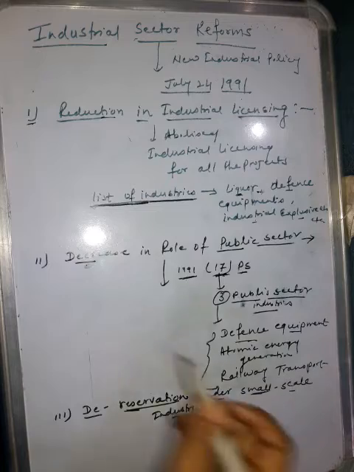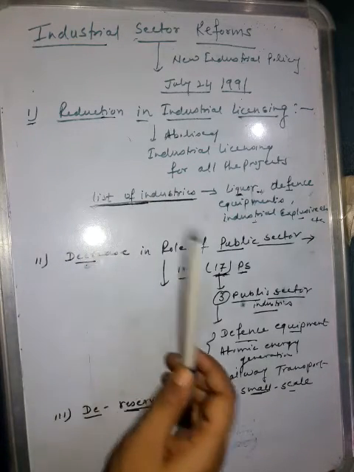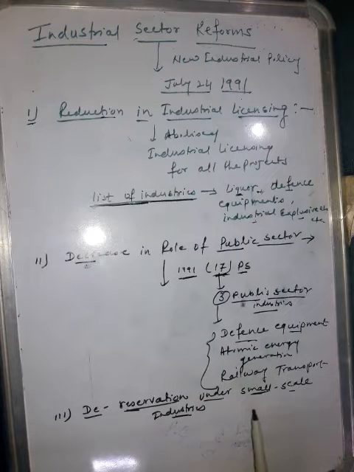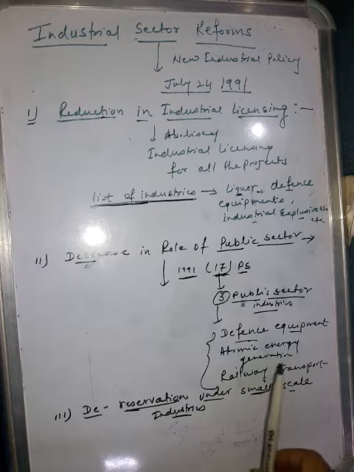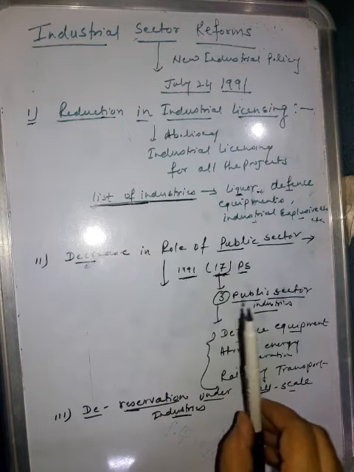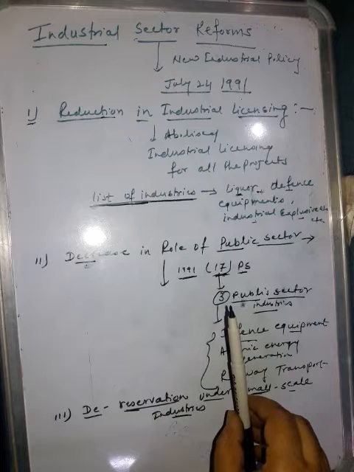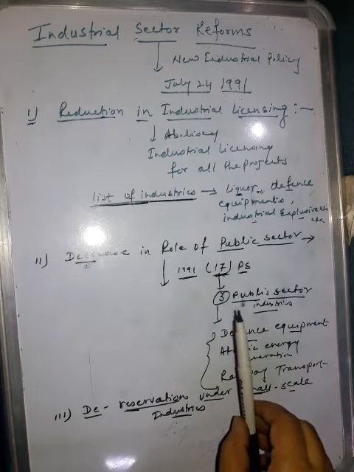But after these reforms in 1991, the price of the goods, whether manufactured in small scale, medium scale or large scale, is now determined by the forces of market, means according to demand and supply of the goods.